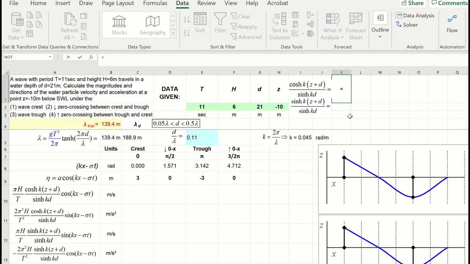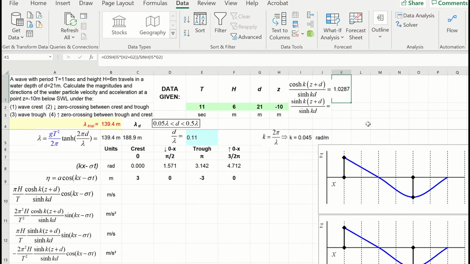So equal, and we have hyperbolic cosine, open bracket, so we have k multiplied, now open bracket again, and in brackets we have z, which is minus 10, plus d, and close the bracket, and now close the bracket again, and now divide it by hyperbolic sine, and in brackets we have wave number multiplied by water depth, which is this cell, G2, and now close the bracket, and this is my value.